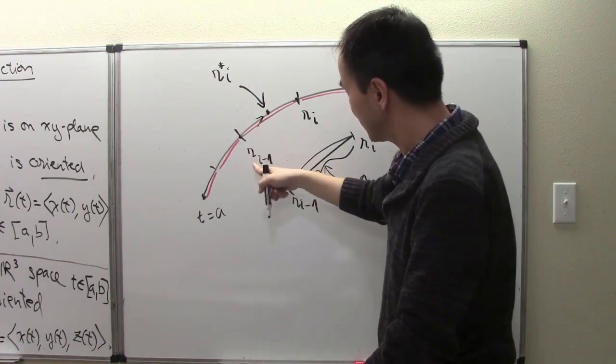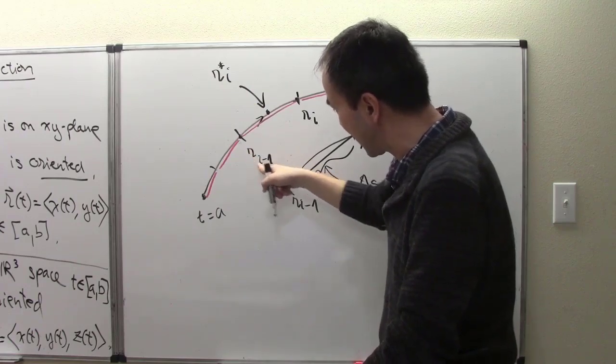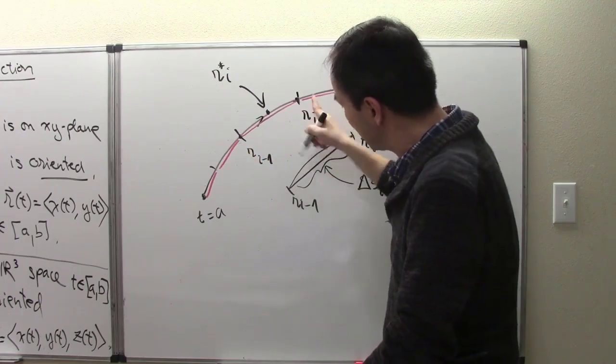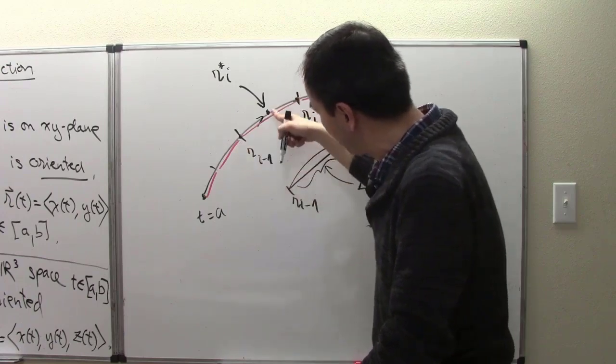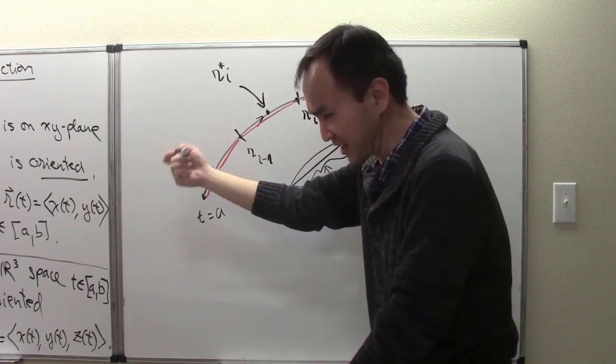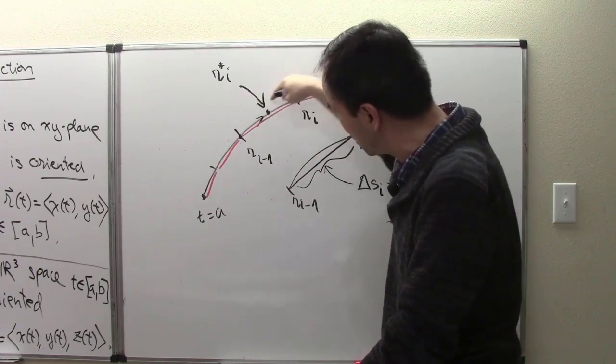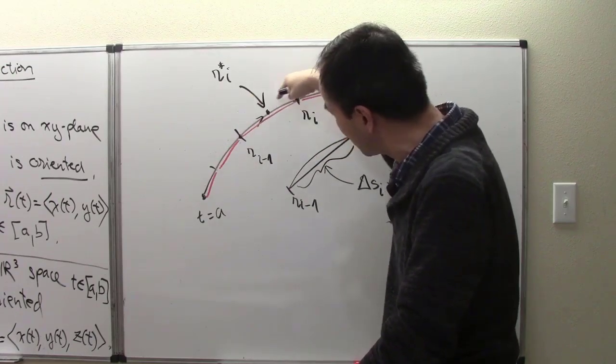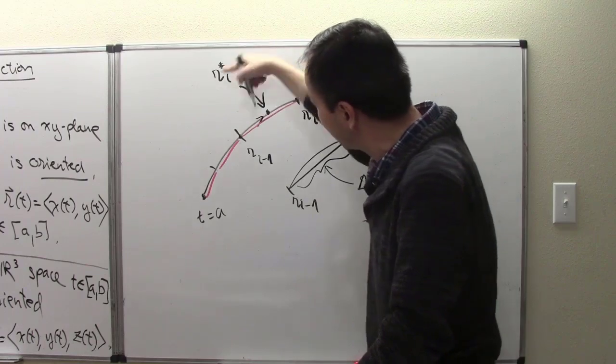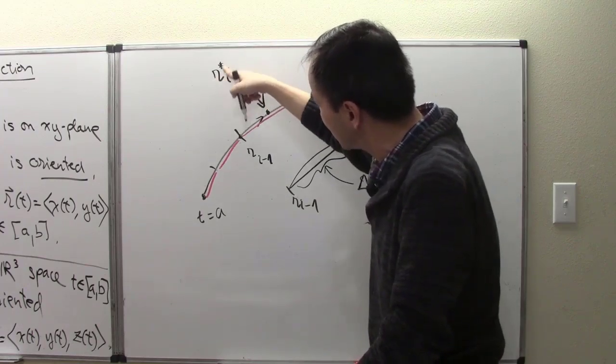I mean, this is r sub i minus 1. This is r sub i. Any point in space, in our understanding up to this point, is a position vector. So at some position that I choose in here as a sample point, some position vector I choose in this arc, I call it r star i right here.